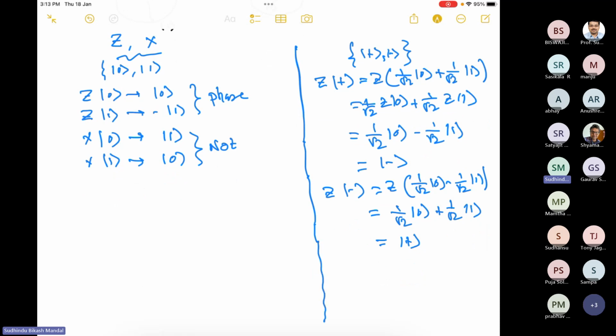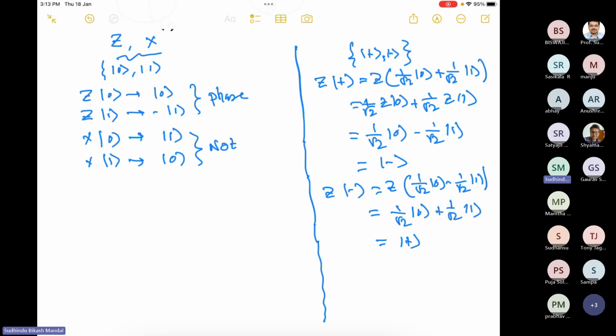So here in this computational basis, Z acts as a phase shifter, but in this computational basis Z acts as a NOT operator, not a phase shift operator.